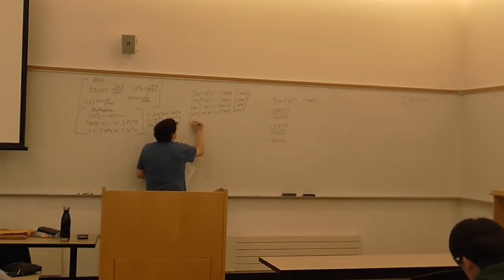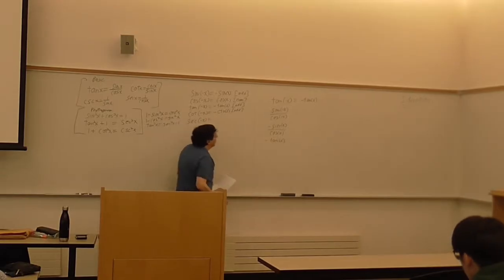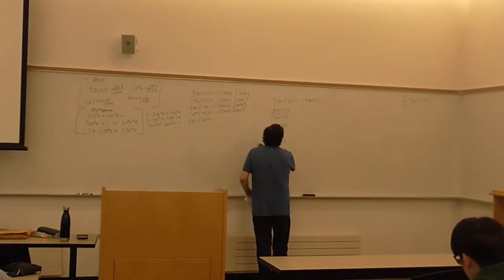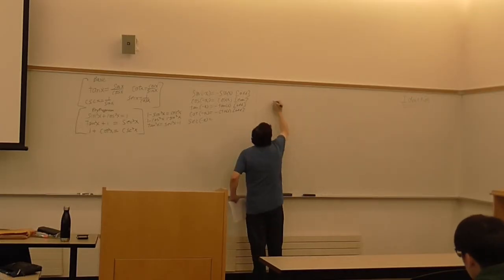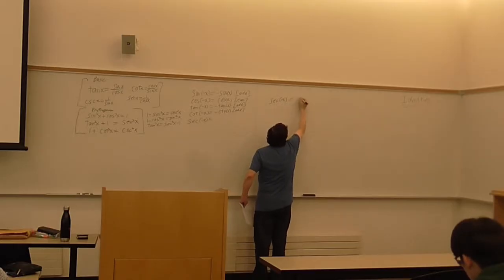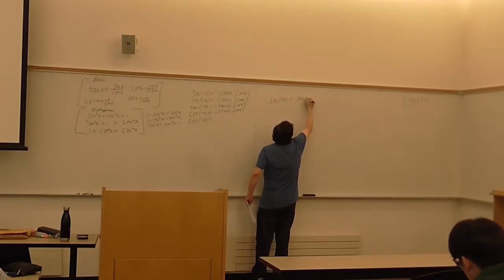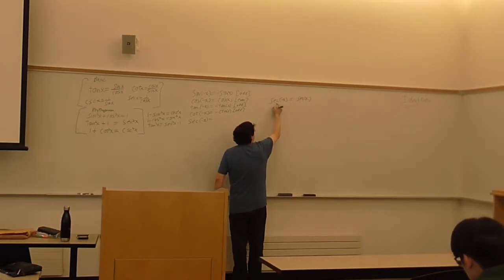So last we want to look at secant of minus x. Secant of minus x, well, that's going to be secant of x. This is going to be an even function.